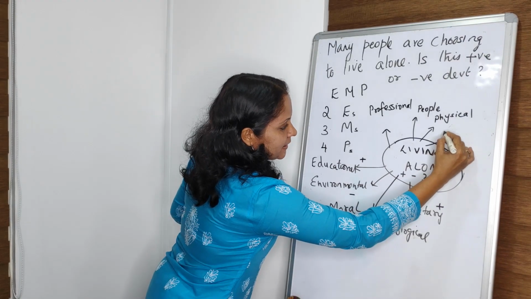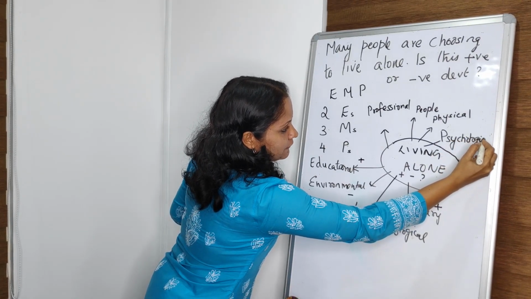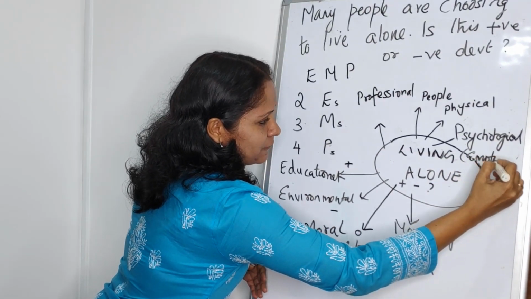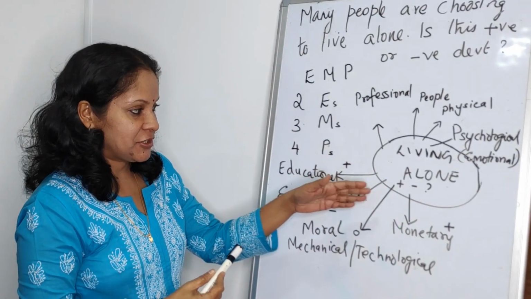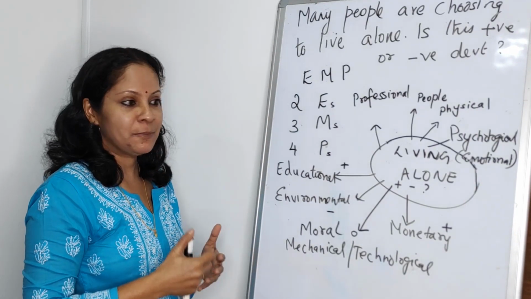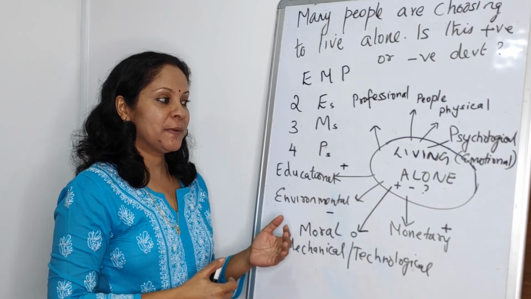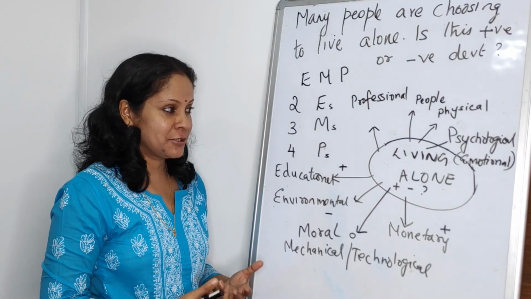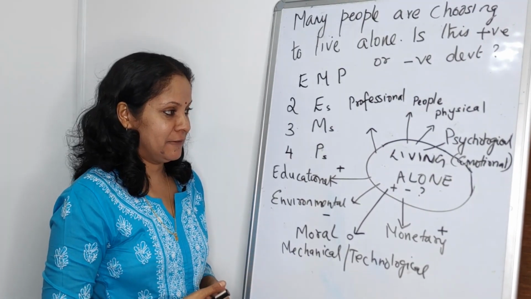The last P refers to psychological aspect, or the emotional or mental aspect of any matter. For example, in this question, living alone, is this positive or negative development? You can develop a paragraph telling that it's negative development because when a person lives alone, there are more chances for him to fall into depression or despair, especially if he meets any setback in his life.